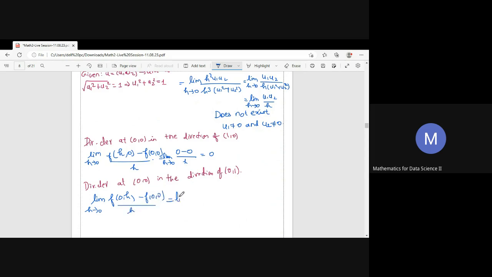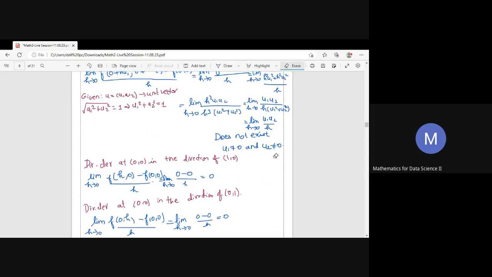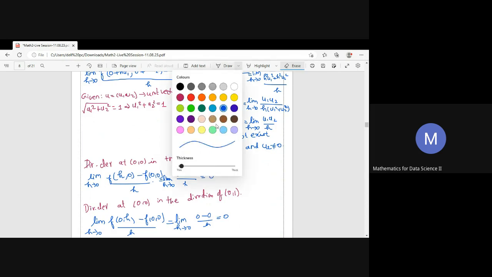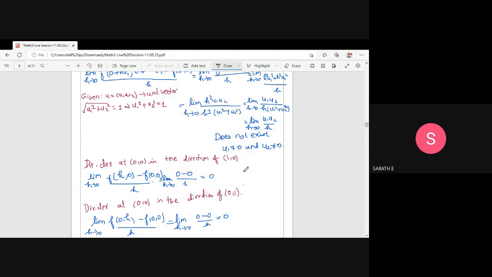Again it is 0 minus 0 by h, so this term itself is 0 and this limit is also 0. So you see at the origin, the directional derivative exists only in these two directions, that is, in the direction of the x-axis and y-axis. But what are these actually? The same partial derivatives. This is the partial derivative with respect to x, and this is the partial derivative with respect to y.